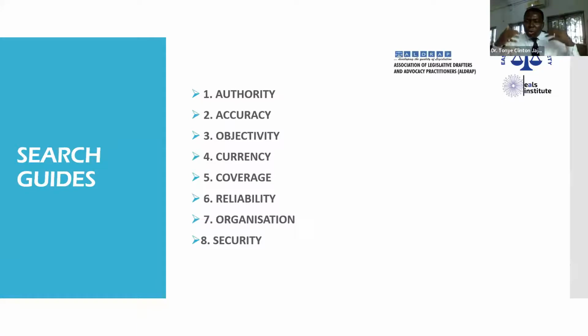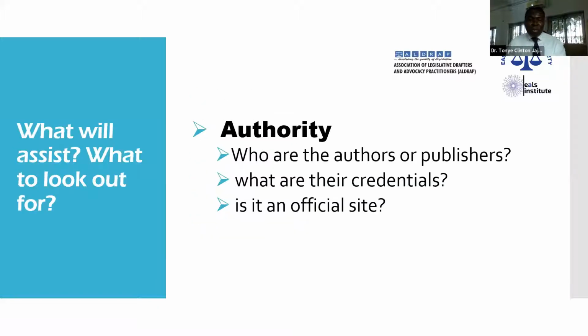So you need to do legal research. And these are the 8 things that should guide you when you're doing legal research, especially online legal research. Authority. What does it mean? Who are the authors or the publisher?